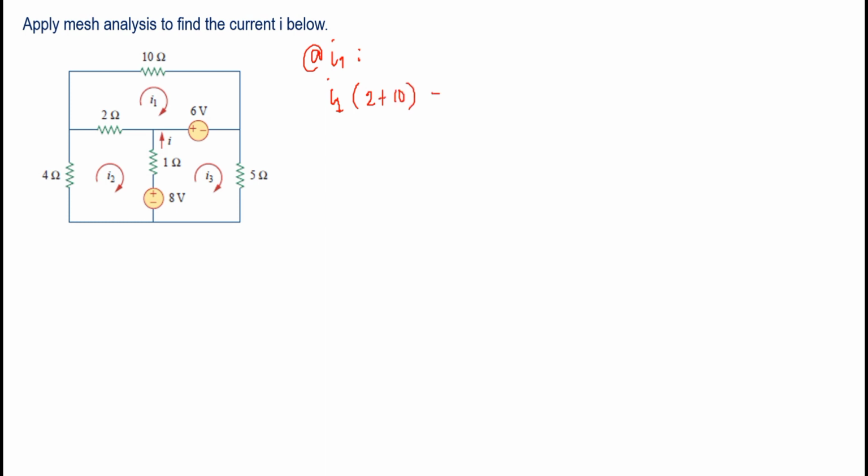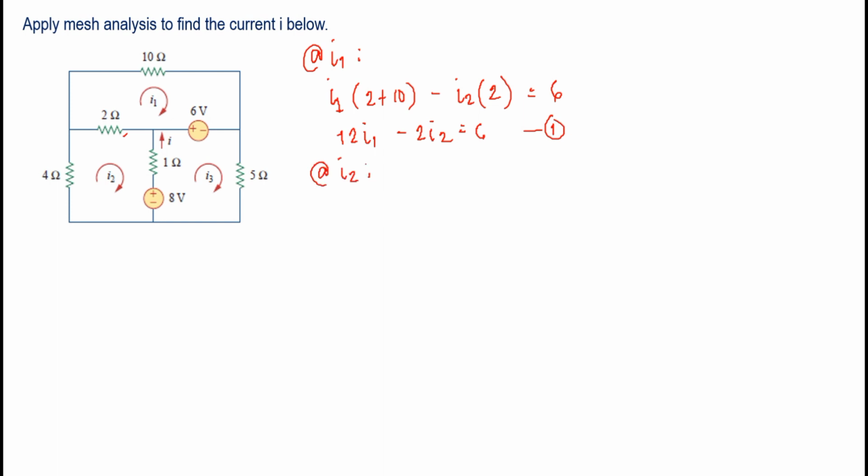And then let's subtract the other mesh current by which it has a common resistor, just the same concept as the node analysis earlier. So we have here I2, common is 2, so this is I2 multiplied by 2. And equate this to all voltage sources. So we have here 6. Therefore, our equation is just 12I1 minus 2I2 is equal to 6. That is our first equation.